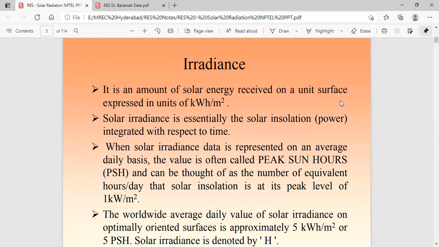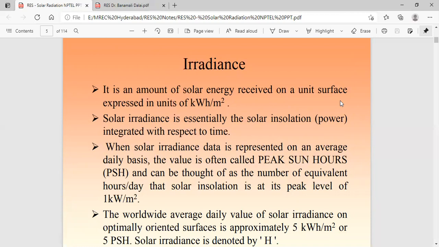Irradiance. It is the amount of solar energy received on a unit surface expressed in units of kilowatt hour per meter squared. Solar irradiance is essentially the solar insolation integrated with respect to time.